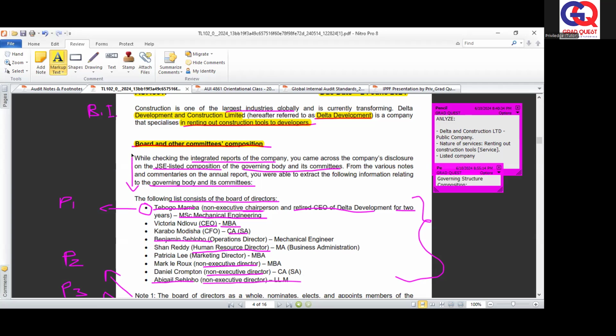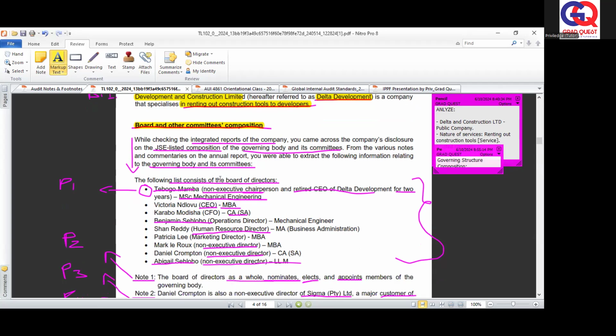Again, this is just a building block to my problem area. The following list consists of the board of directors. In other words, this is what makes up the governing structure. As I go through the list of these individuals, I'm able to gain light regarding the composition of the governing structure that is in place.